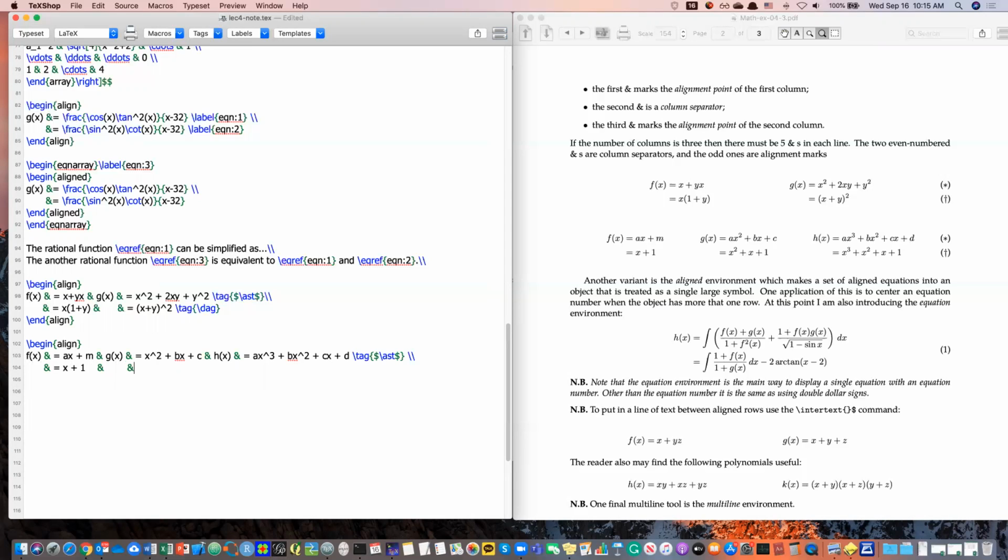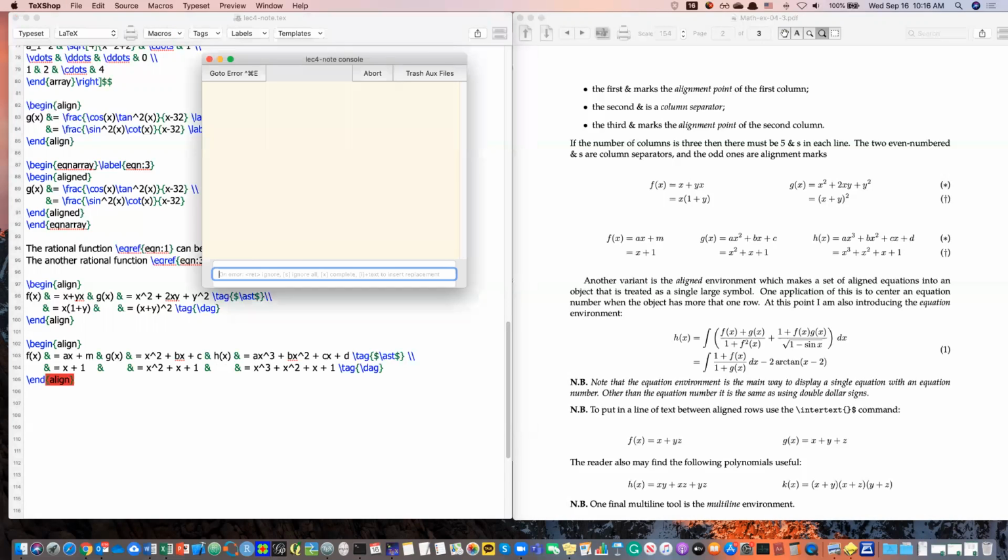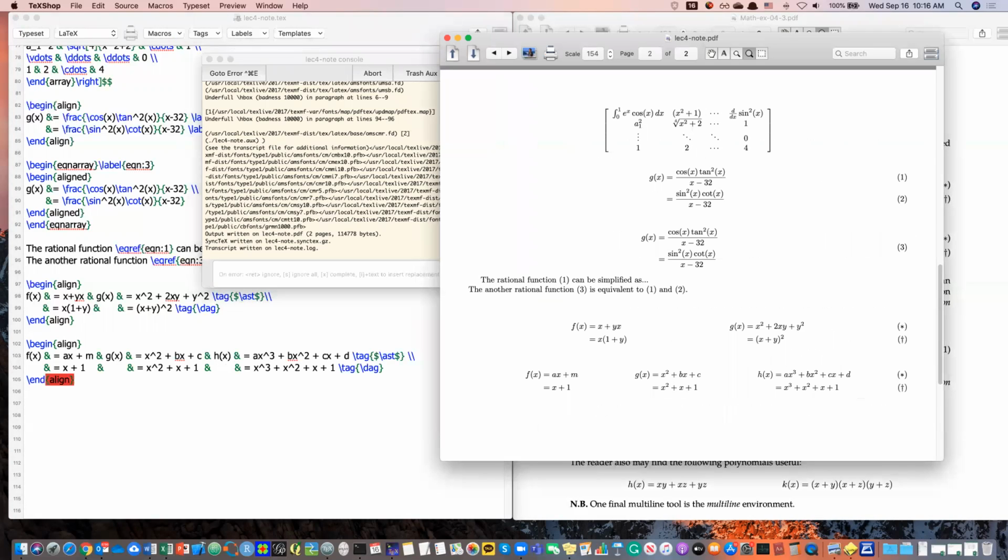And that is equal to x squared plus x plus 1, and that is equal to x cubed plus x squared plus x plus 1. Then tag and then dagger, and end align. So yeah, we see.